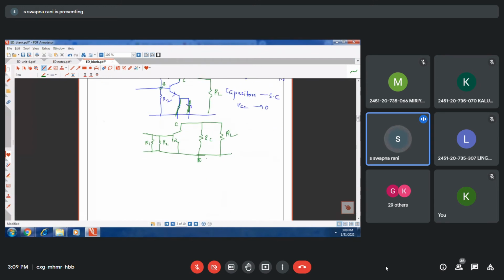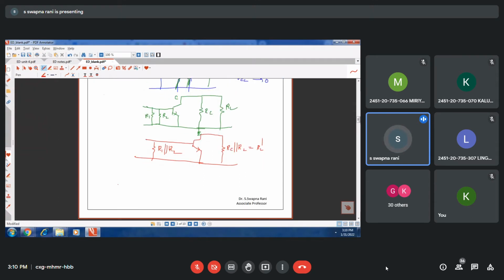In the analysis we have done so far, the biasing resistors RC, R1, R2 were not included. So here one extra resistor has come, R1 parallel with R2, and here we replace with a single resistor RL dash, like that.